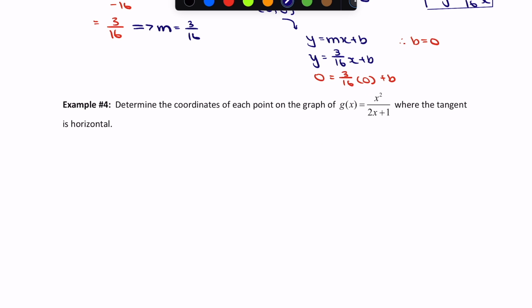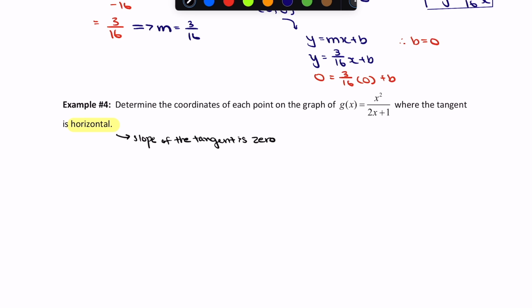Okay, so let's look at this last question here. It says, determine the coordinates of each point on the graph of g of x is equal to x squared over 2x plus 1, where the tangent is horizontal. So the tangent is horizontal means that the slope of the tangent is 0.